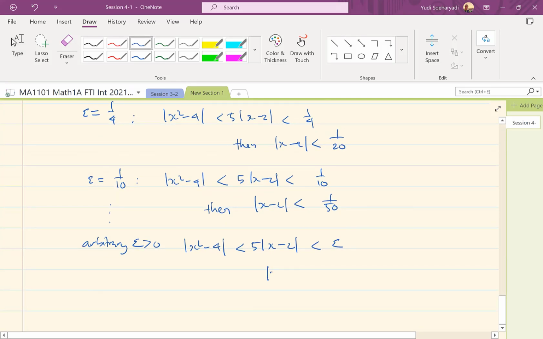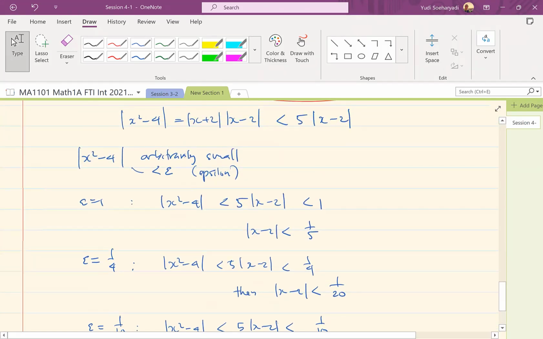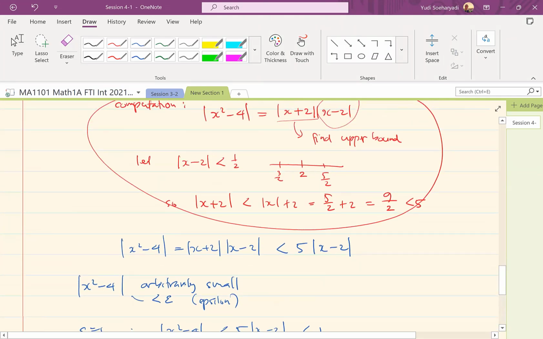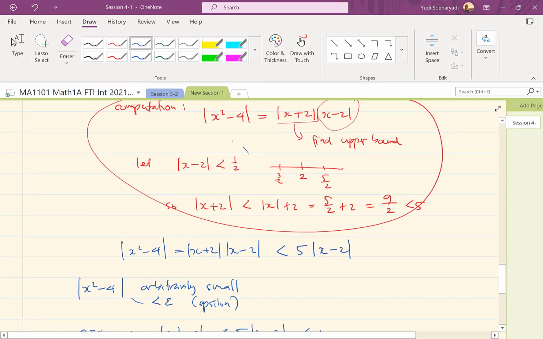So what we have is that here, a fifth over 5. Okay, but the thing is, don't forget, in the beginning we assume this. So this is what we call pre-assumption.